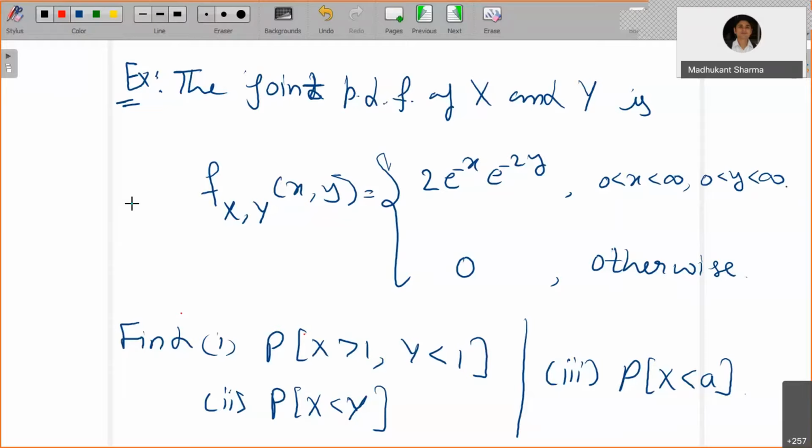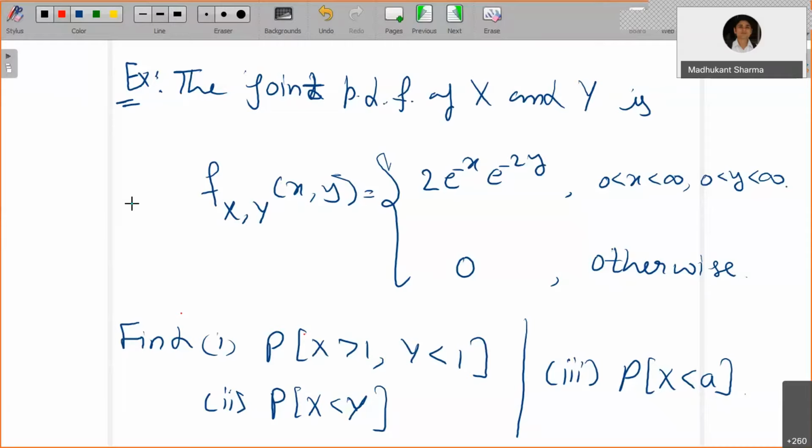If both are continuous, then you have jointly continuous random variables. Similarly, whenever X and Y both are discrete, you can define their joint PMF following the definition mentioned in the previous lecture, and the respective cumulative distribution function.